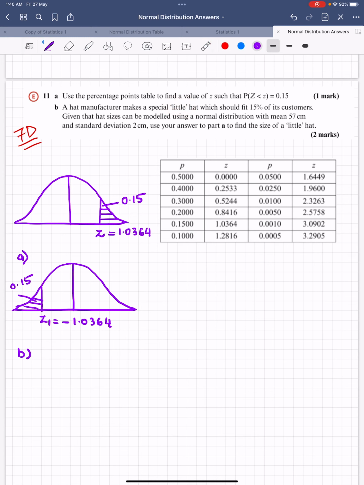First of all, the question is giving us that we are using a normal distribution. The size is distributed normally with a mean of 57 and standard deviation of 2, and we can put this on the bell curve.